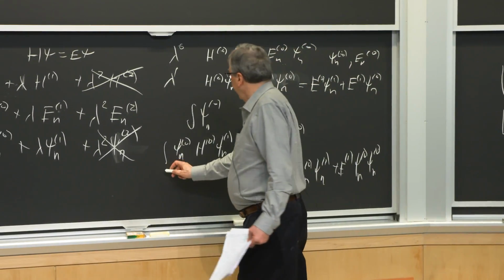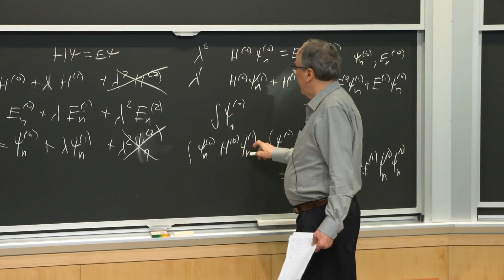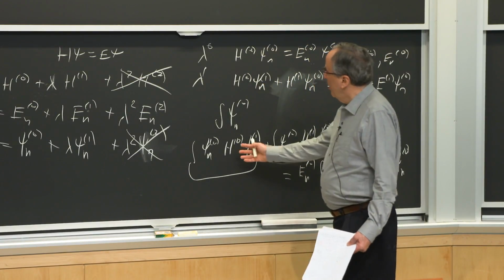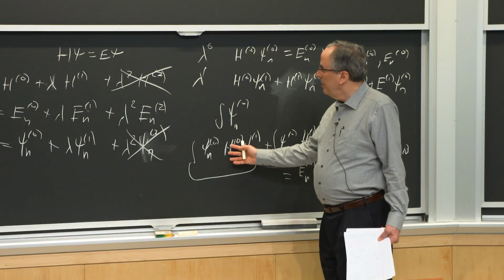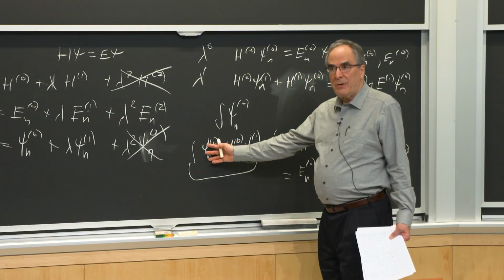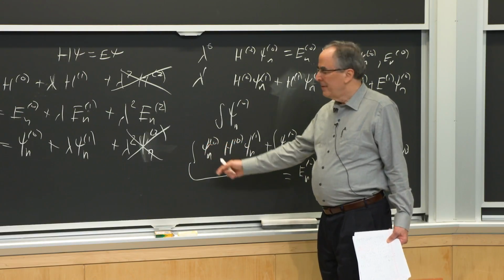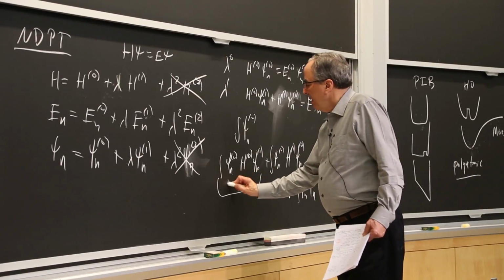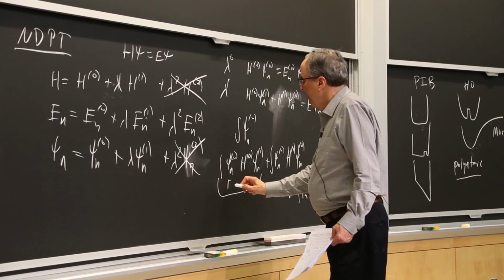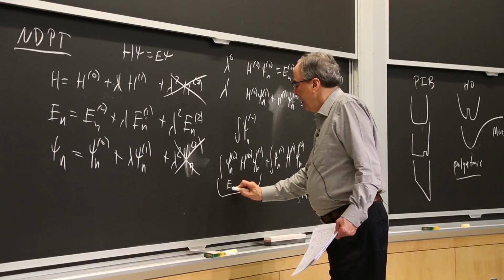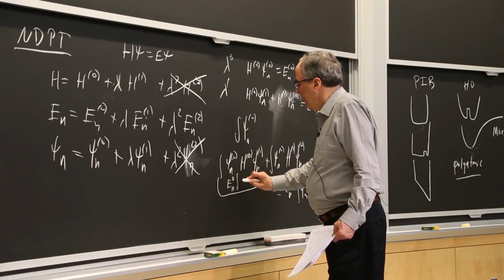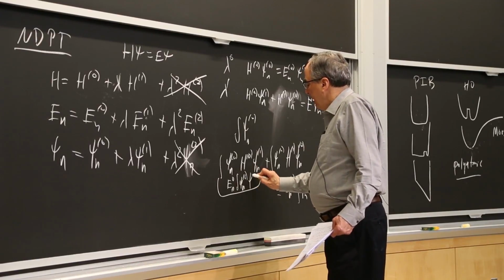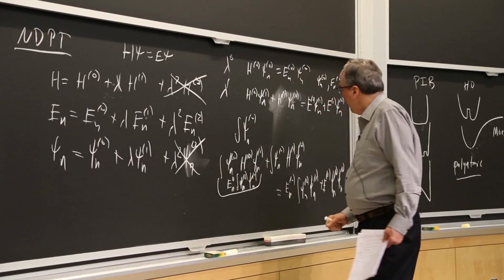Well, this is a kind of an ugly term. It's a psi 0 and a psi 1. But we know that H0, when operating on psi 0, gives E0. So we're going to get E n0 integral psi n0 psi n1.